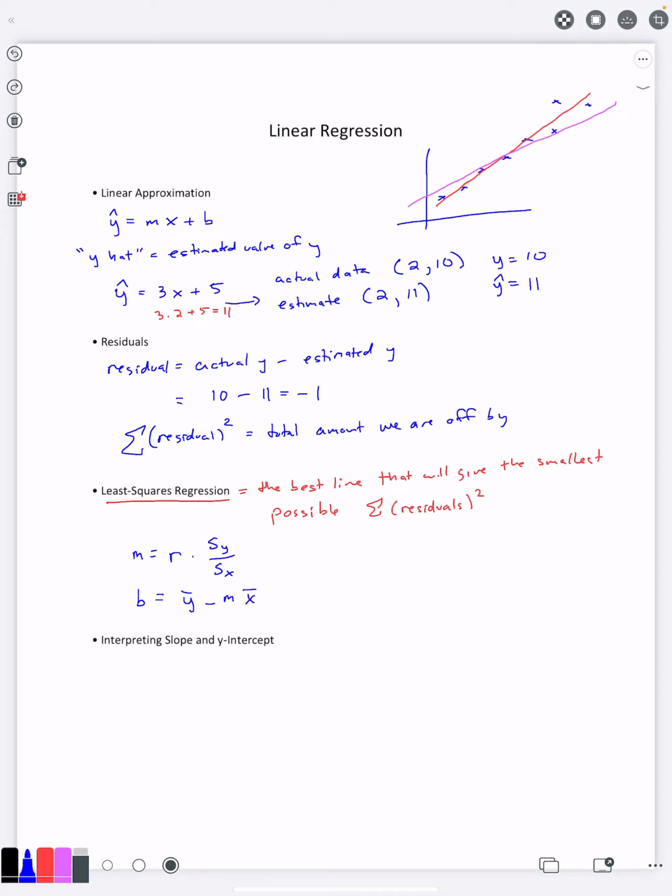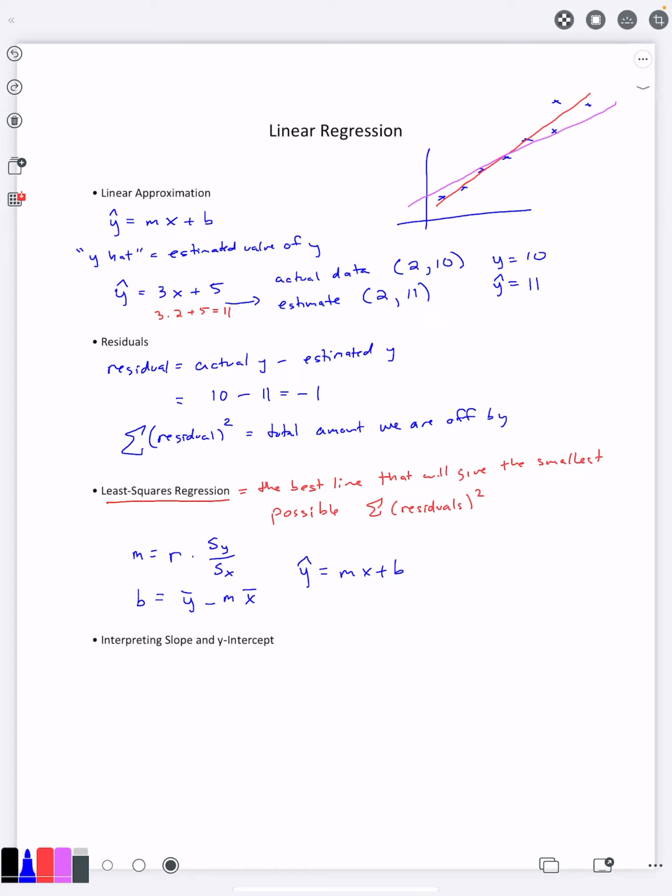And once you have that, then your y = mx + b is going to give you your least squares regression using that slope and that intercept. So it's actually not that complicated a formula, although it does take a lot of work to calculate the r's and the s's and everything. But again, your calculator will do all of that for you.